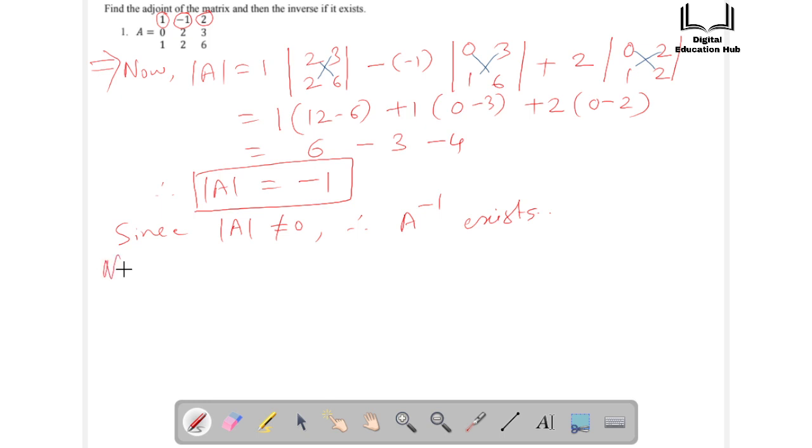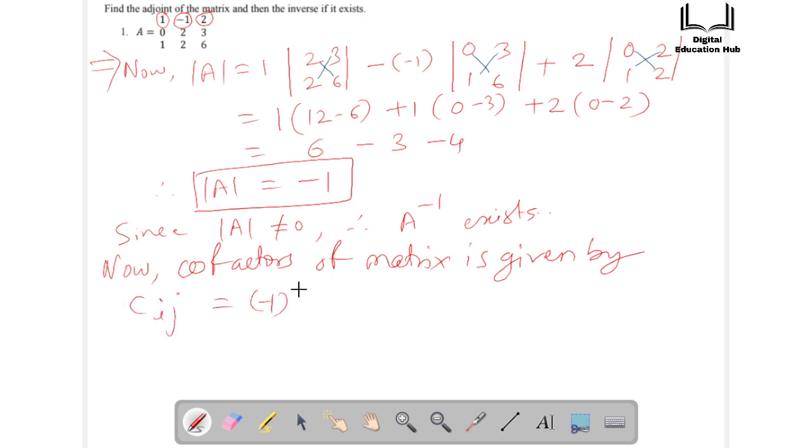So now cofactors of matrix is given by, so the formula is Cij is equal to minus 1 raised to i plus j multiplied with the minor of that matrix. So therefore C11 is equal to minus 1 raised to 1 plus 1 into its minor, that is minor of M11.